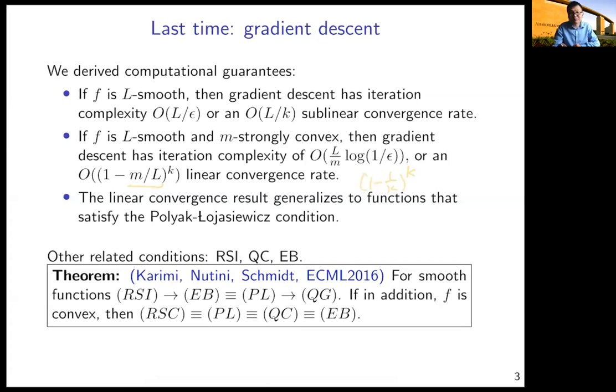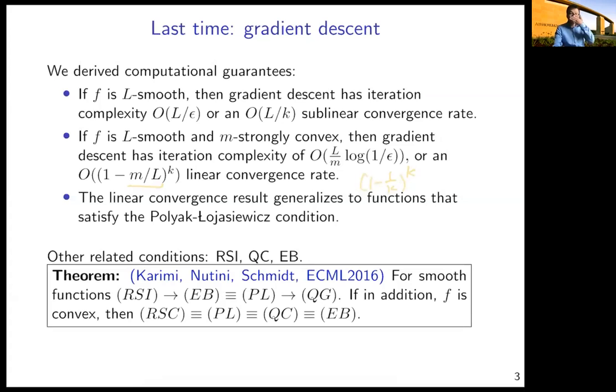And basically, whenever we spend L over m, proportional to the condition number of the problem, number of iterations, that more or less shrinks the suboptimality gap by a factor of e, where e is the constant e of the natural log, like 2.7 something.